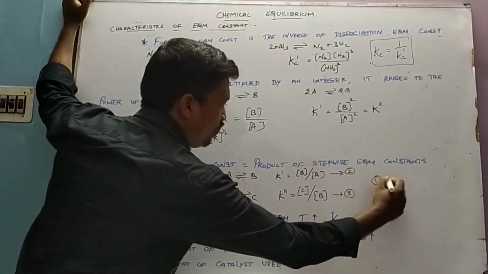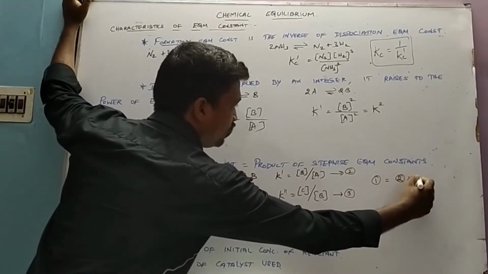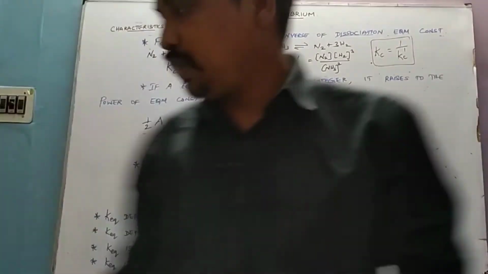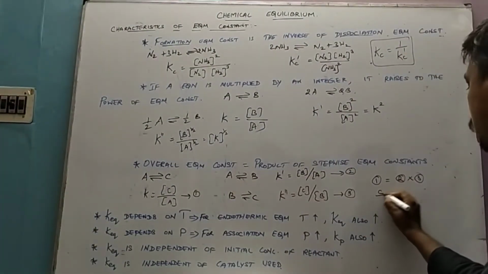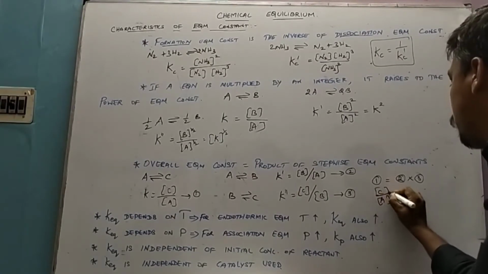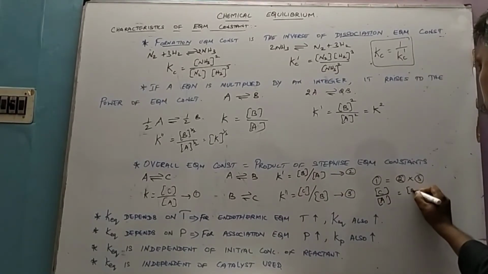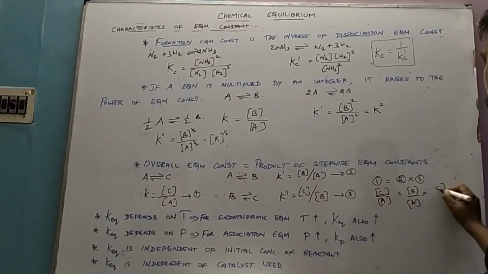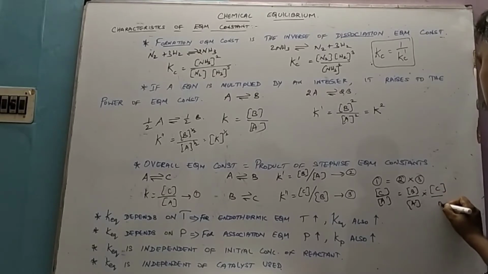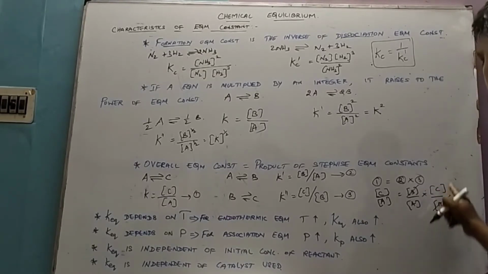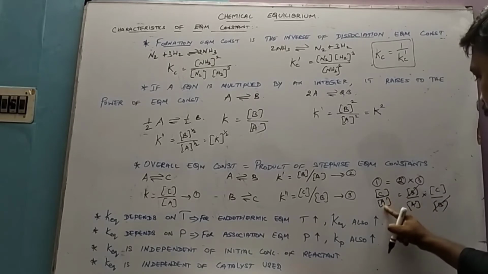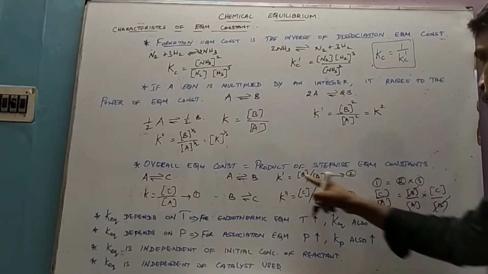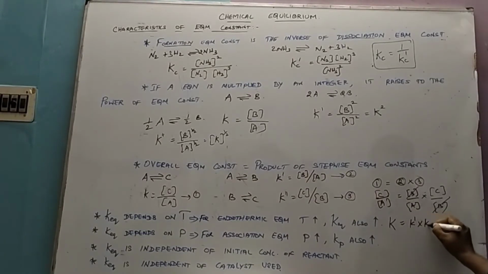See here, 1 will be equal to the product of 2 and 3. Equation 1 gives the concentration of C by the concentration of A. It is equal to equation 2, B by A, into equation 3, C by B. We can strike out B and B, and we get C by A. So K is equal to K dash into K double dash.